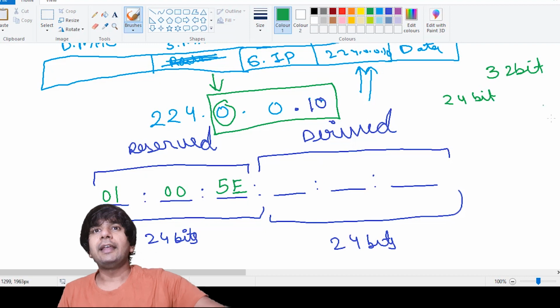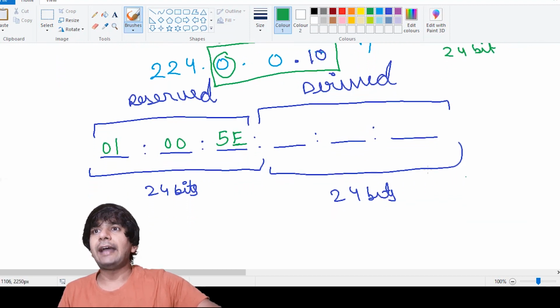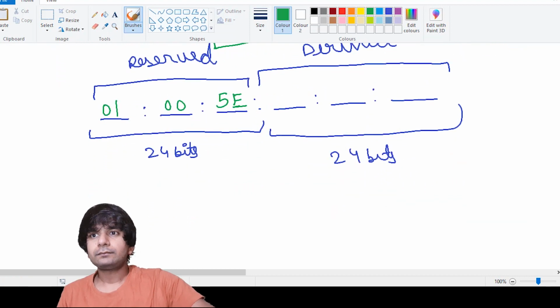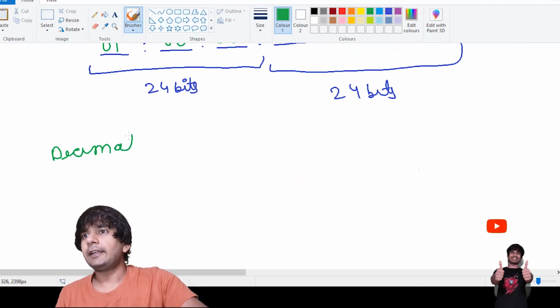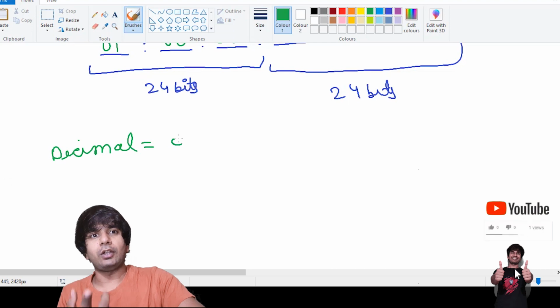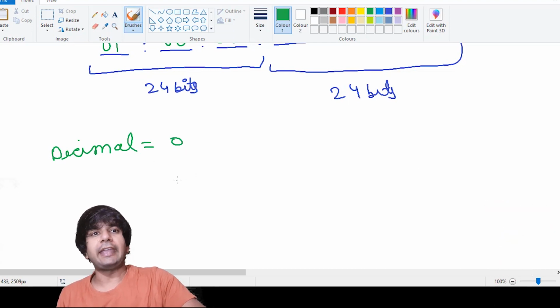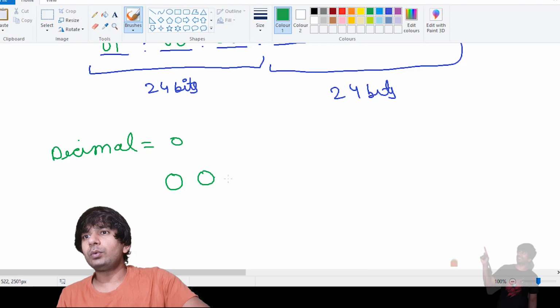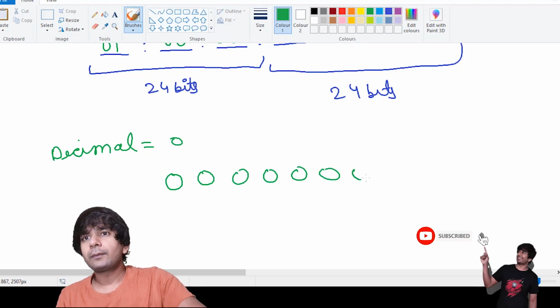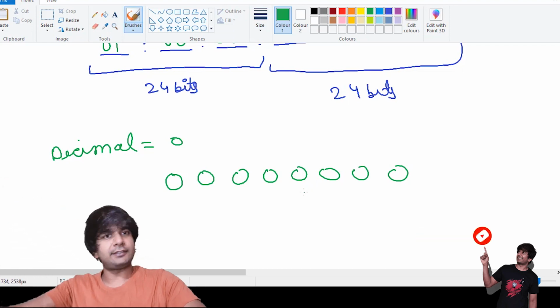Let's say the decimal value of the second octet is 0, then what will its binary be? We have 8 bits, so the binary will become all 0, right? So 8 bits of 0 give you a 0 in decimal.